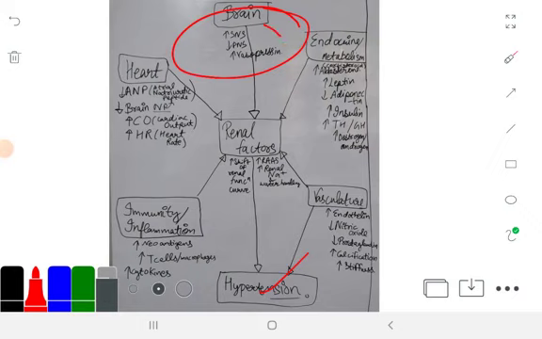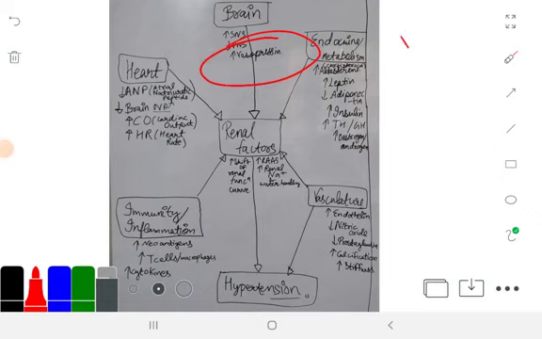Increase in sympathetic nervous system causes an increase in blood pressure, and a decrease in parasympathetic system activity causes hypertension, and an increase in vasopressin also causes hypertension.